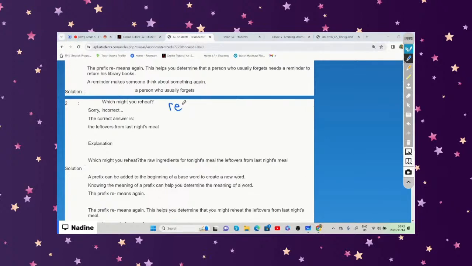So we have reheat. Heat is our word that stands on its own. Re is our prefix. So reheat is basically to heat up something again.